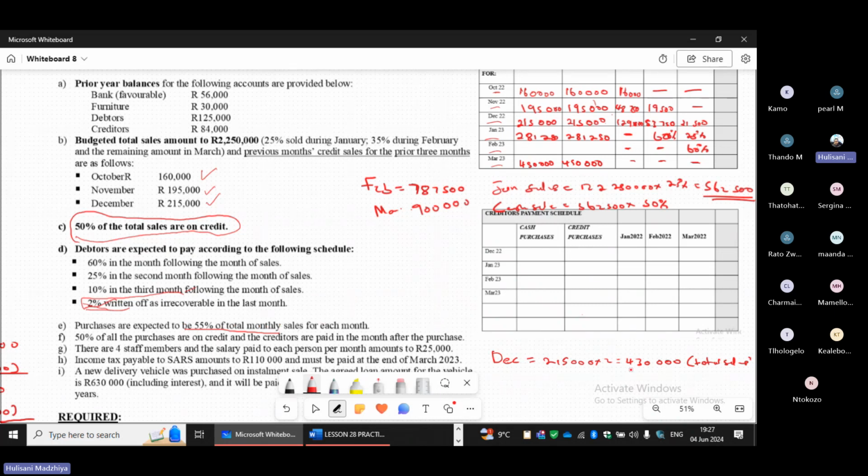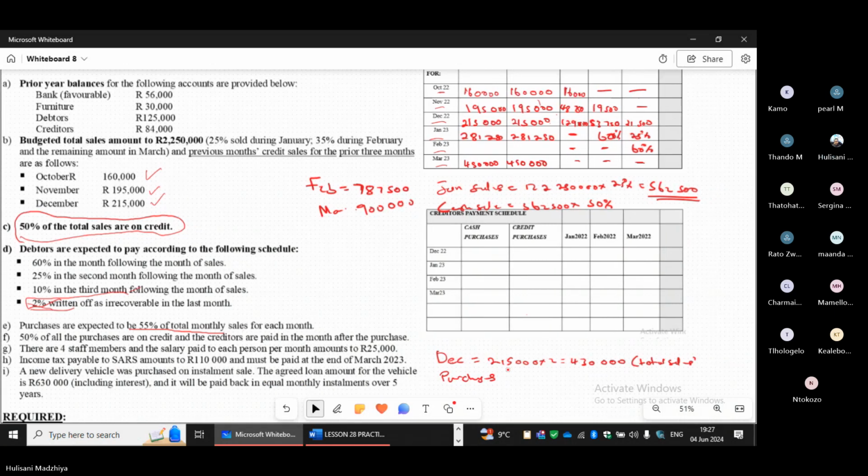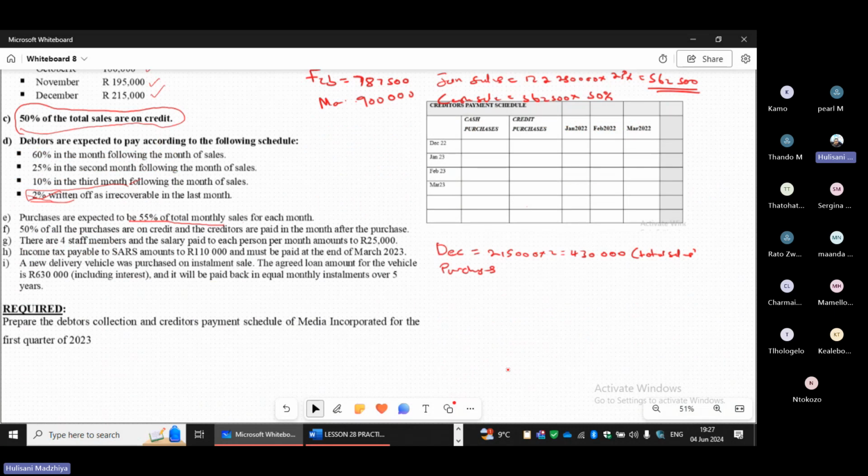So this is the sales for December, and we need to calculate the purchases. 430,000 multiplied by 55%, which is the 55% of the monthly sales, where the monthly sales is 430,000 for the December month.